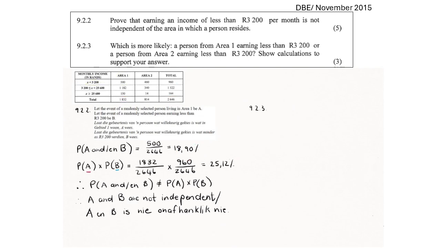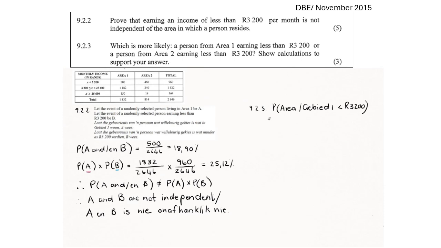In the last question on this contingency table, they ask us which is more likely, a person from Area 1 earning less than 3,200 rands or a person from Area 2 earning less than 3,200 rands. And we have to show calculations to support our answer. Now let's first determine the probability that an Area 1 person earns less than 3,200 rands.